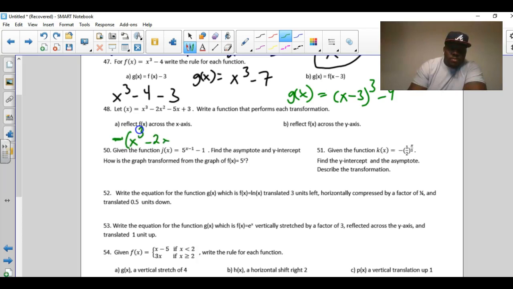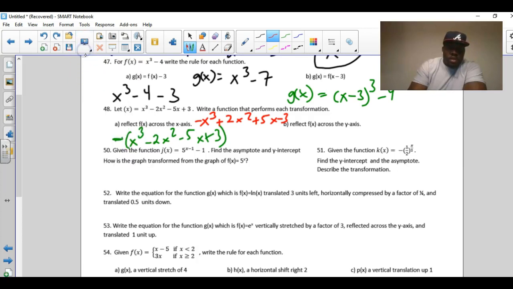And then we distribute our negative. When you distribute your negative, you end up with negative x cubed plus 2x squared plus 5x minus 3. So that right there in our red is your actual representation of flipping this across the x-axis.